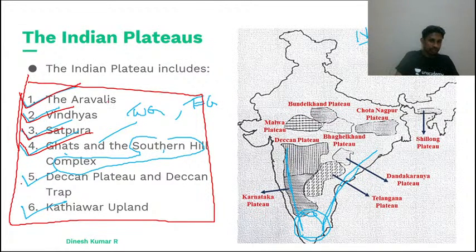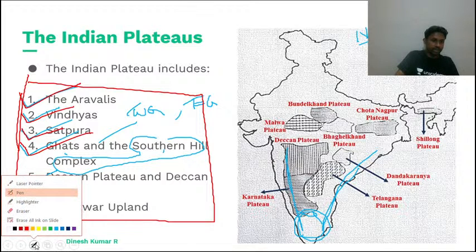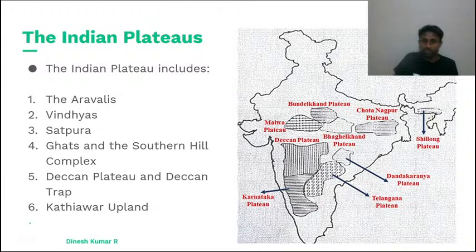On this figure, if I want to conclude everything together, what color shall I use? Let me take green color, okay? Okay, let me clear all these things. So what are the points we have to study?